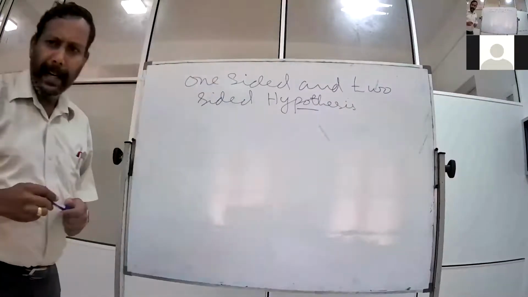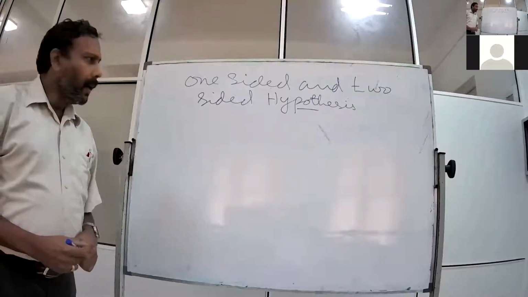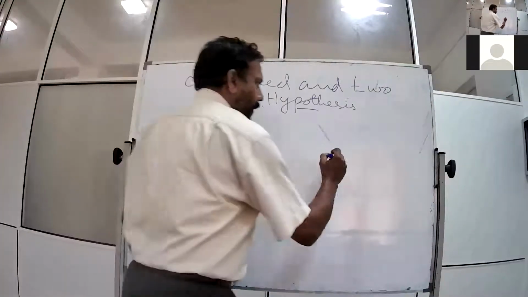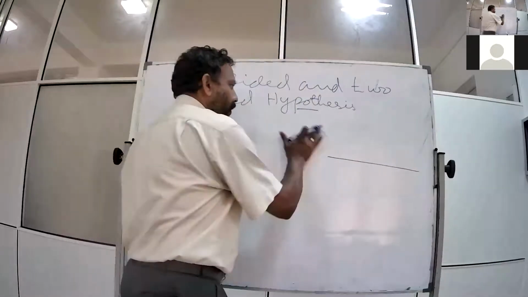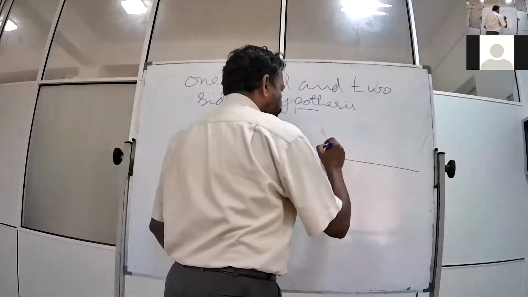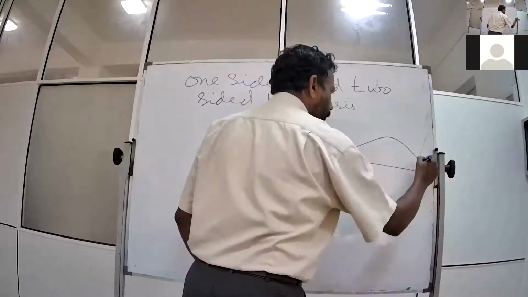Right, one-sided and two-sided hypothesis. Look at the distribution here. Take only one distribution. This is the distribution that we are talking about. So if you look at this distribution, right?